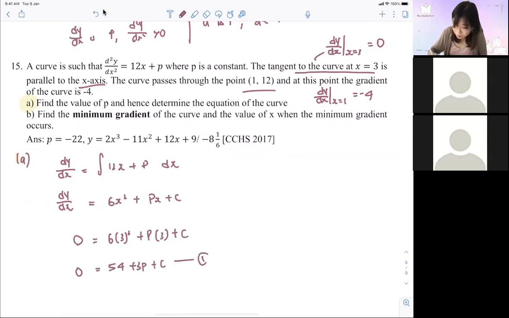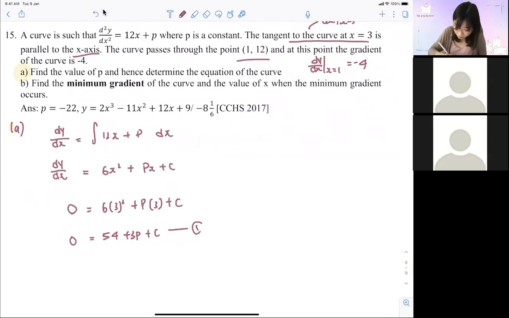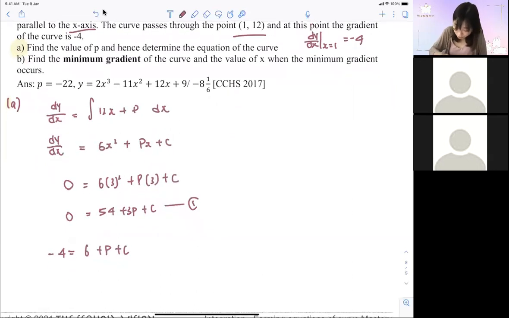This is equation 1. Okay, Joshua, then we start the other one. Gradient is -4 when x is 1. We can make c the subject or p the subject. Maybe I make p the subject. Then we sub 2 into 1.